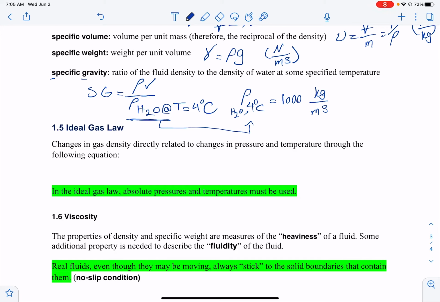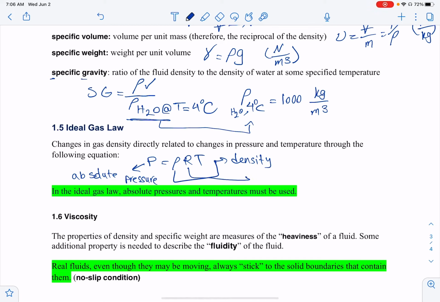If we look at the formula, which is P equals rho R T, P is the absolute pressure, rho is density, R is the gas constant, and T is the absolute temperature, right?